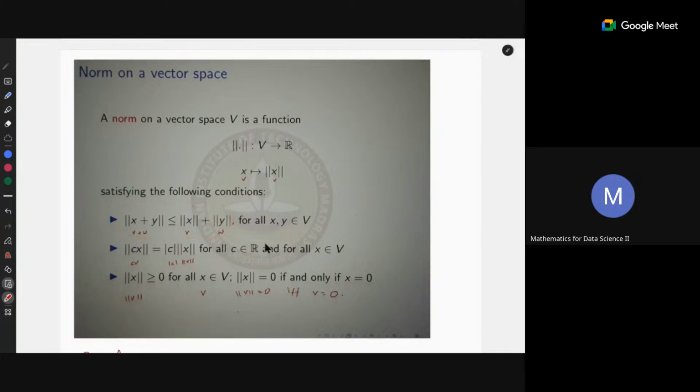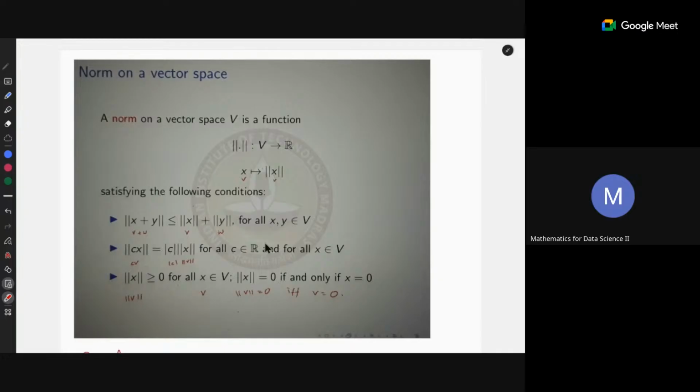So what is a triangle inequality? If you take the sum of two sides of a triangle, it is always larger than the remaining side, the length of the remaining side. So this is like a generalization of that triangle inequality in the abstract setup.